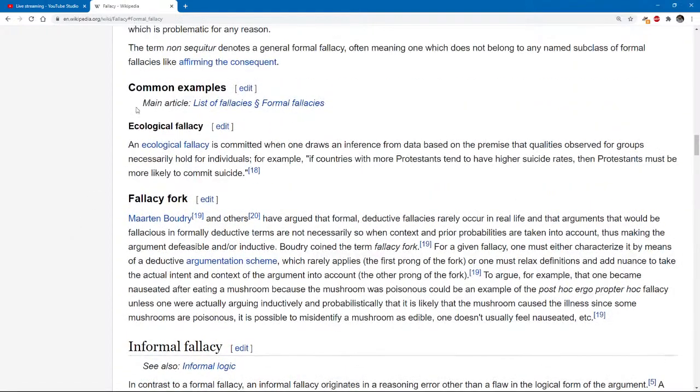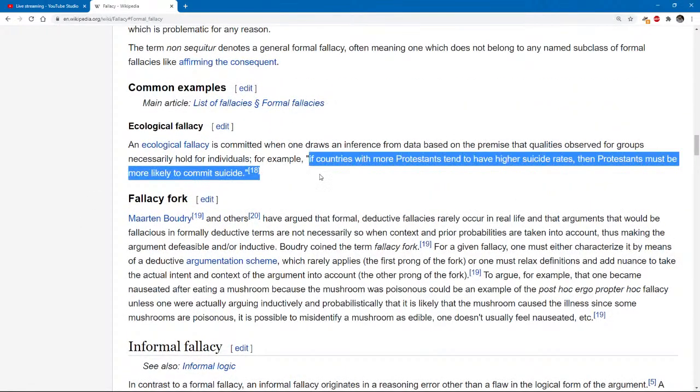The one you just stated, yeah. Well, because there is no causality between Protestants. The connection between Protestants and suicide is just that there are more Protestants where there are higher suicide rates.